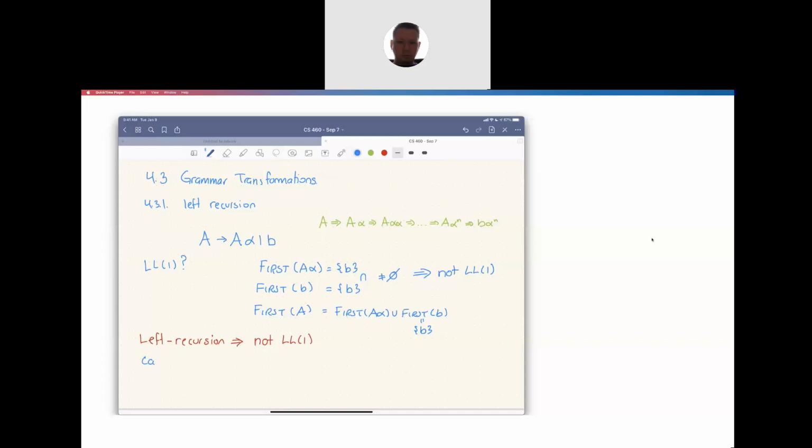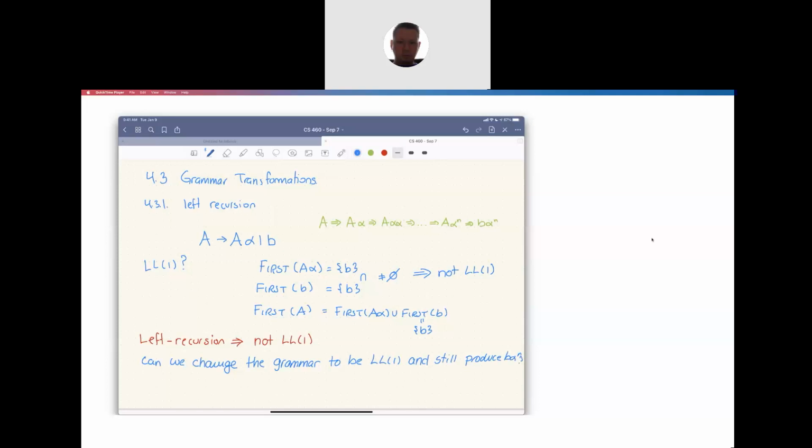So can we change the grammar to be LL1 and still produce B alpha n?